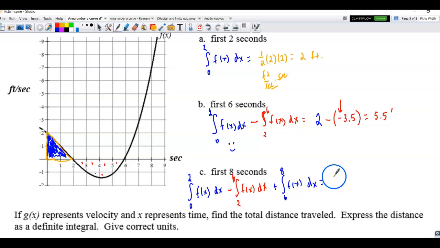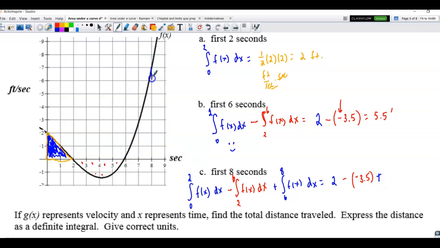So the first region we had traveled 2 feet, and then for the next region we had negative 3.5, and now we're going to go back for 6 to 8.